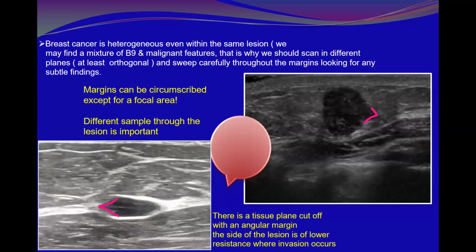So usually these angular margins represent invasions, okay, at lower resistance portions. And as we mentioned, usually on the lateral aspect, between the tissue plane, there is lower resistance. So that is why usually at this location, the cancer is infiltrating.